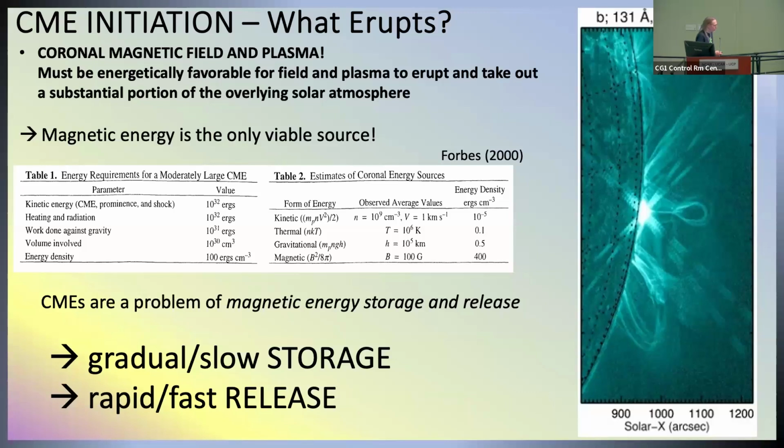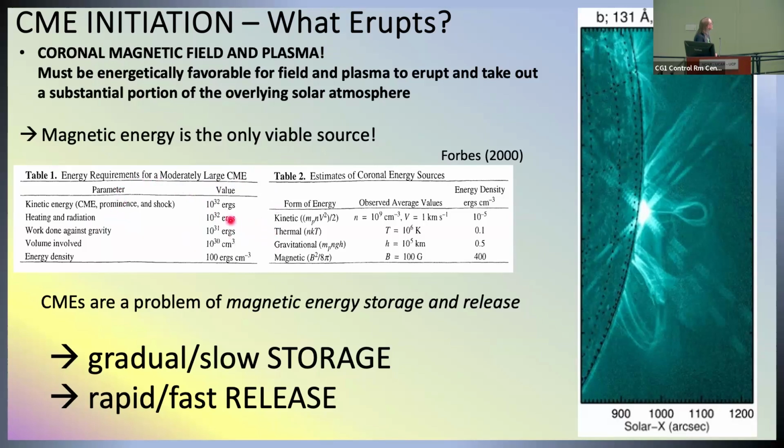Okay, so if you're looking for what can cause that much energy release in the solar atmosphere, this was a very useful table from this Forbes paper. From the observations, you need something like 10^32 ergs of kinetic energy. So that's the acceleration of the CME.